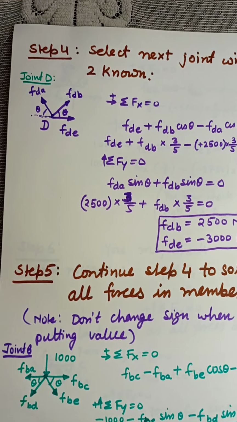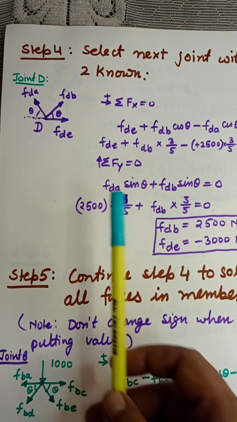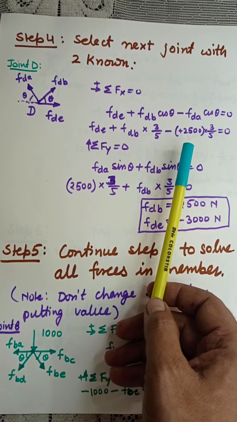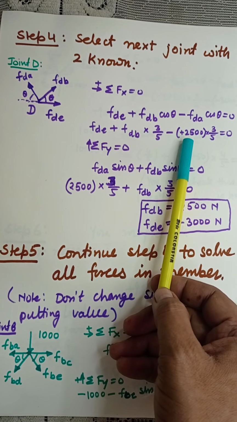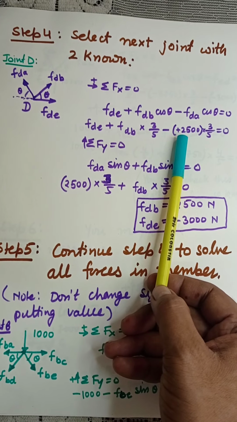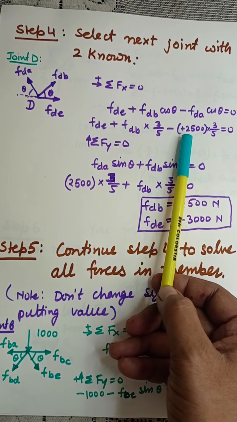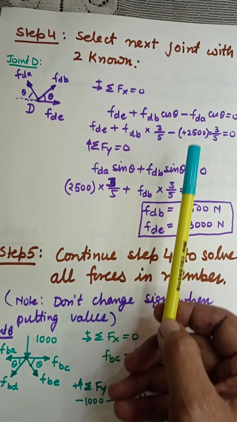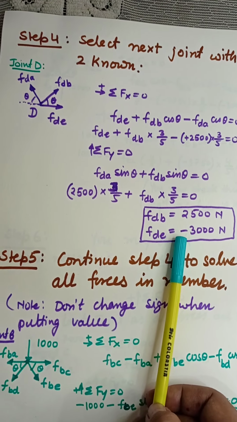So this is joint D. We have written summation Fx = 0, summation Fy = 0. See carefully that we have intentionally kept the sign the same. Whatever sign we have got for FDA is going to be FAD. The same sign is to be carried forward, no change in sign. We have obtained the value of FD.